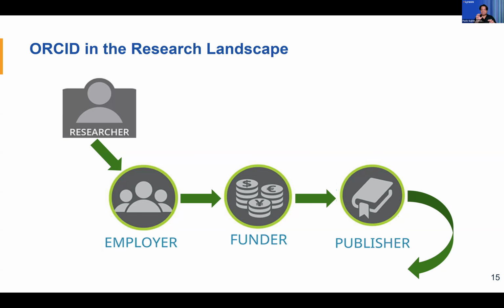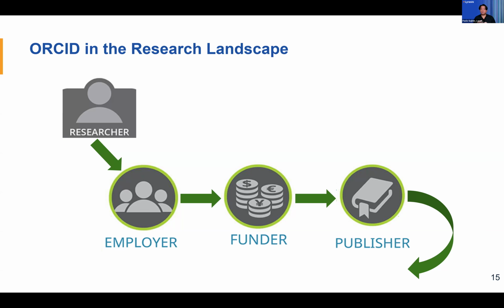All throughout these different areas of your academic life cycle, you are going to be using ORCID. You could use your ORCID with your employer as you do your faculty reporting. You will use your ORCID ID with a funder as you're working with the grants that you've received.